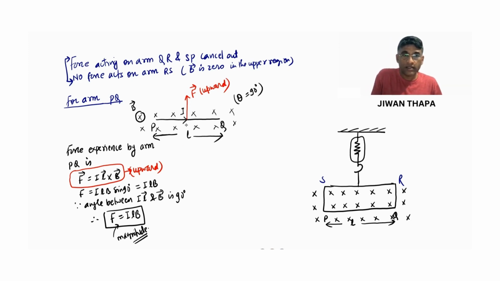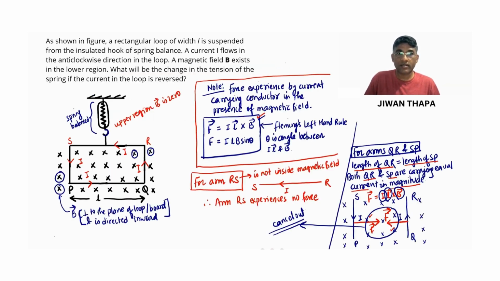Now, the weight of arm PQ acts in downward direction. We know weight always acts vertically downward. So let me represent this figure in this diagram. Since current is flowing in anti-clockwise direction, so we have this case. Current I in anti-clockwise direction.